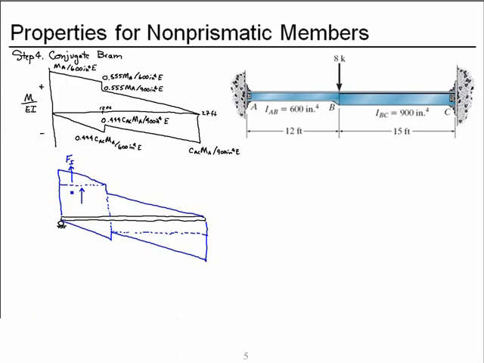My resultant due to the rectangular distributed M over EI loading we'll call force 2, and it acts at the center or mid width of this rectangle.